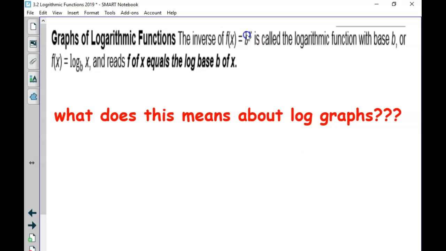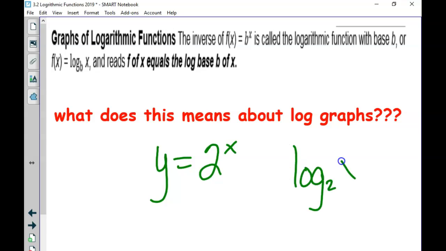Here we go. The inverse of an exponential function is called a logarithmic function with base b. The inverse is log base b of x. So, guys, yesterday we graphed y equals 2 to the x. Today we're going to graph log base 2 of x.